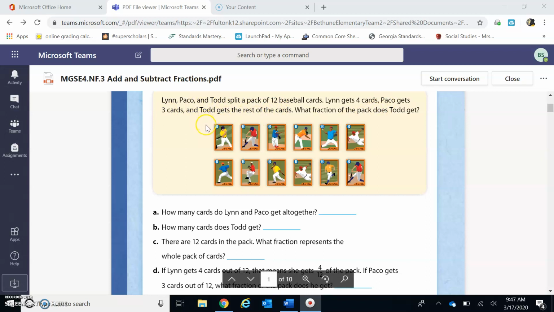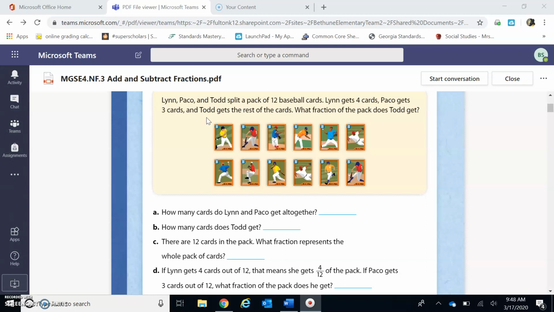We still don't know what fraction of the baseball cards that Todd has. So that's what we have to figure out. First, we know that Lynn has 4/12 of the cards. Paco has 3/12 of the cards. We know that all together total, that will be 7/12 because 4 plus 3 is 7.